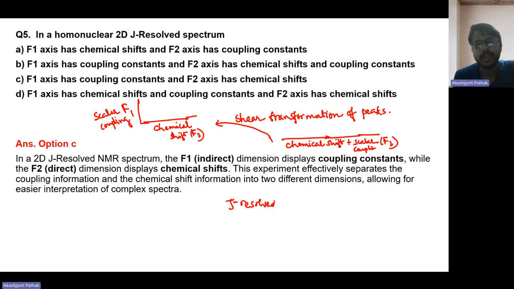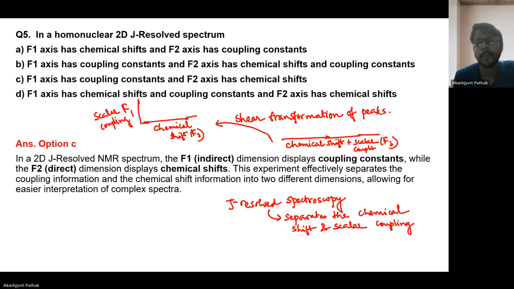Okay. So what you have to remember, the take home message, is that J resolved spectroscopy separates the chemical shift and scalar coupling information in two dimensions, the F1 dimension and the F2 dimension.